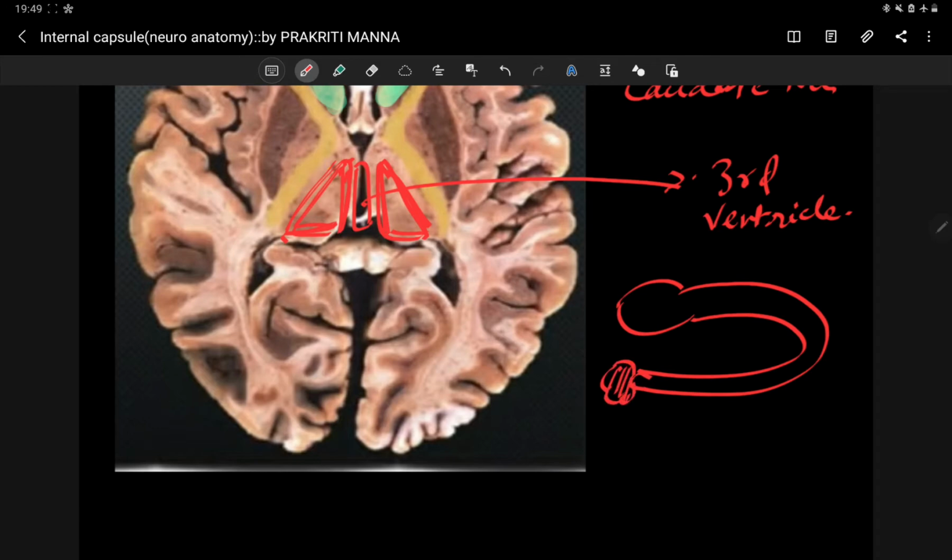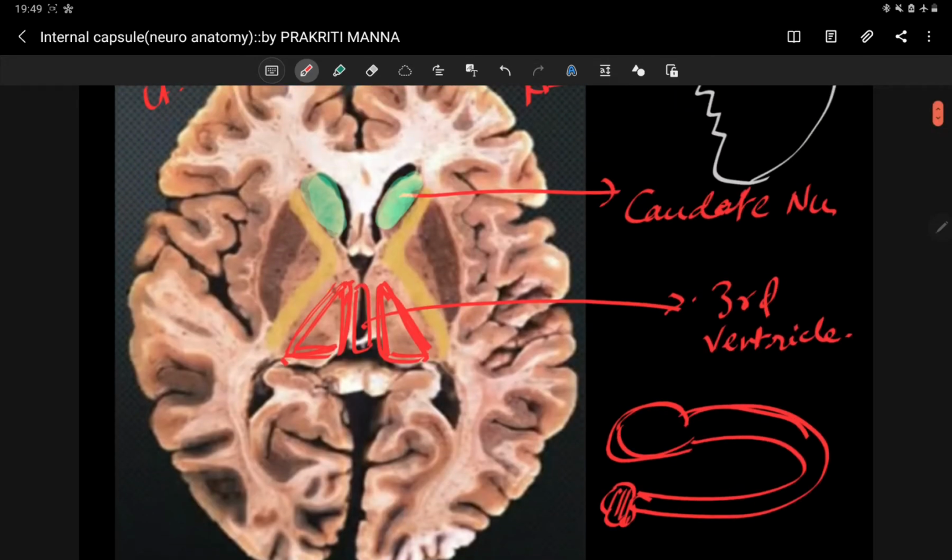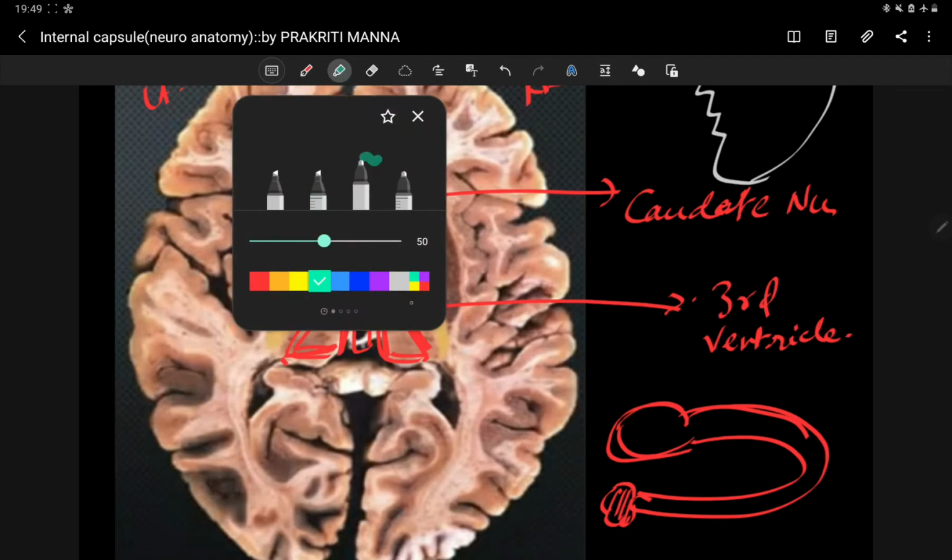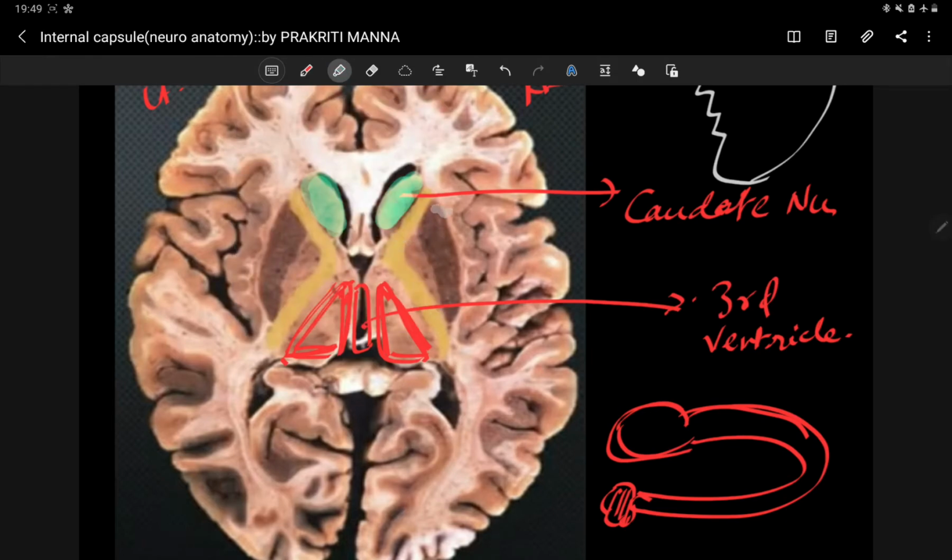All these structures located here actually form the basal ganglia. Okay, and you can see another structure. I am highlighting it with, not white, it is actually gray. What is this? Can you tell me?